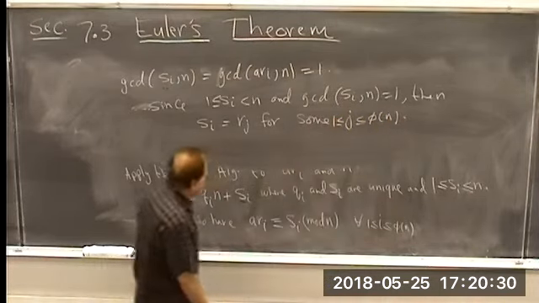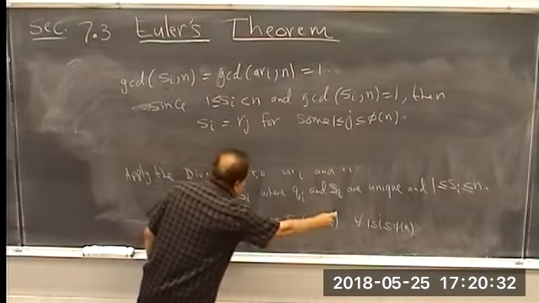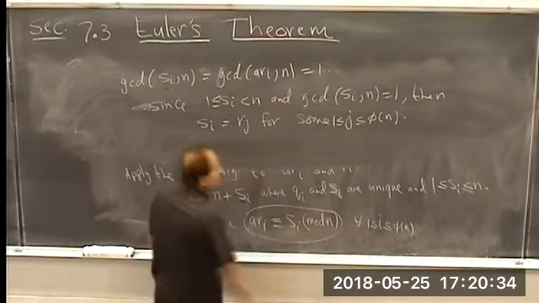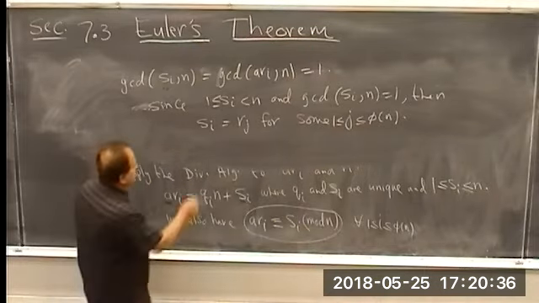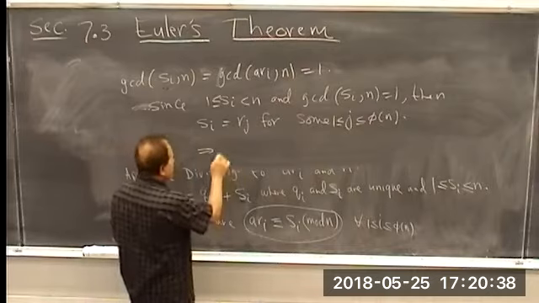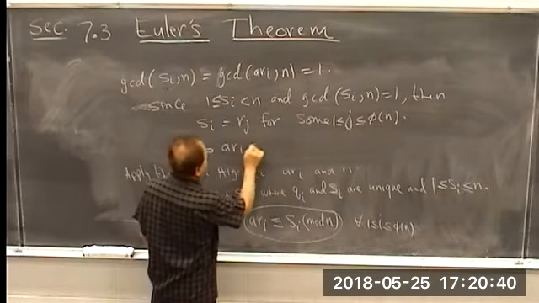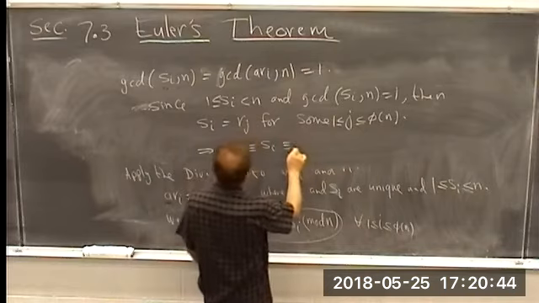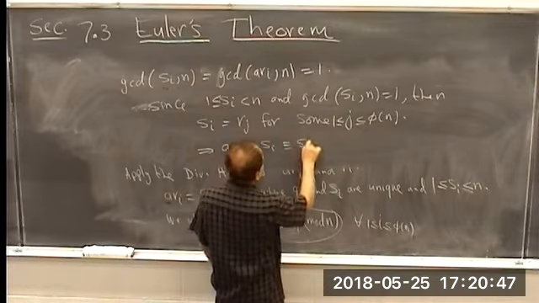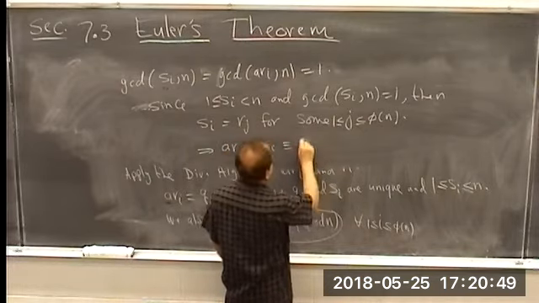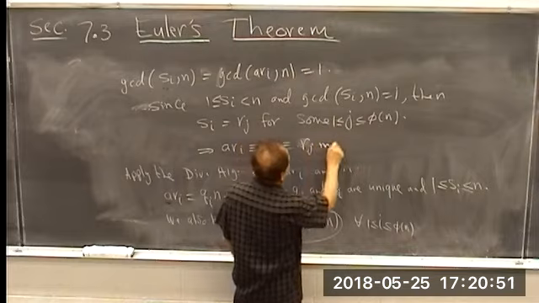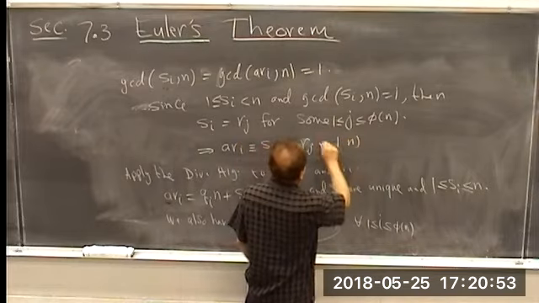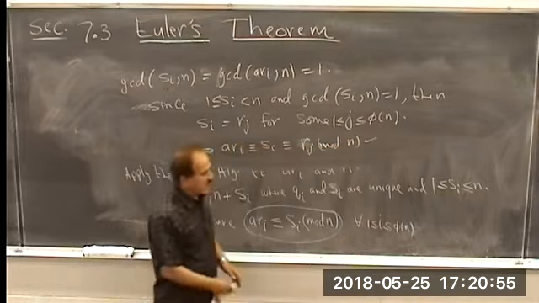And this is it. So now together with this congruence in here, this implies ARI is congruent to SI, congruent to RJ mod n. Yeah, this will take care.